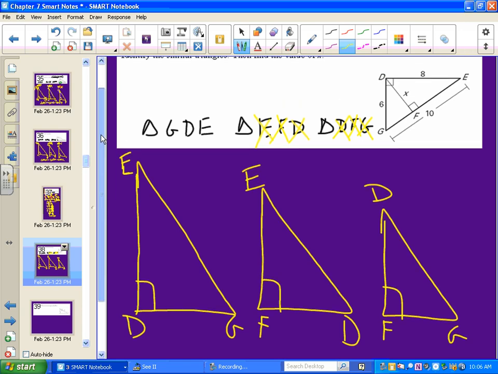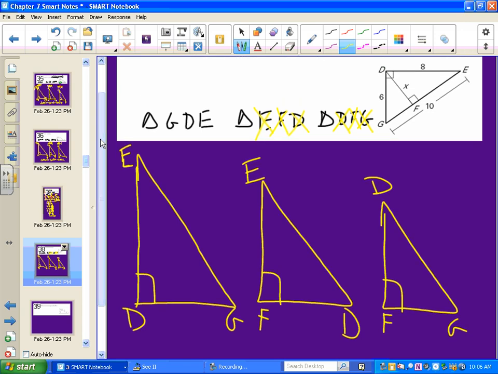From there, I fill out what I know. DG is 6. DE is 8. And DF is x.